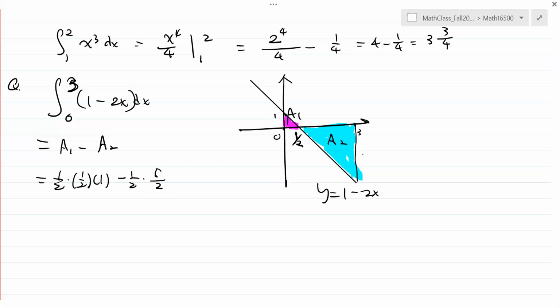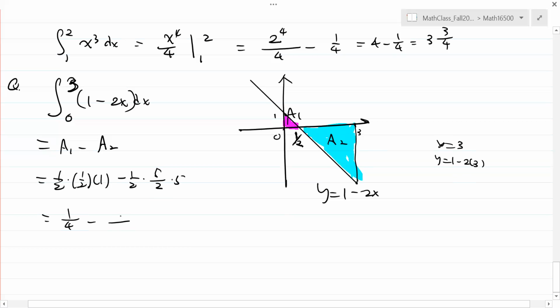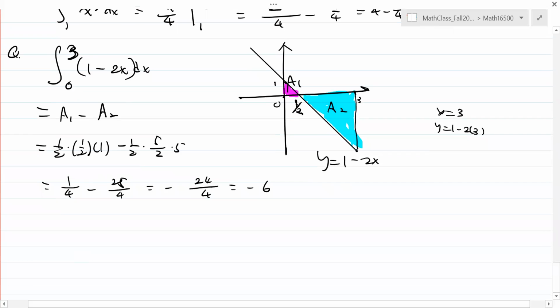And when x equals 3, the y value is 1 minus 2 times 3. It's negative 5. So the height is 5, okay? All right, multiply them out. A quarter minus 25 over 4 is going to be negative 24 over 4, negative 6. Okay, so the answer is negative 6.